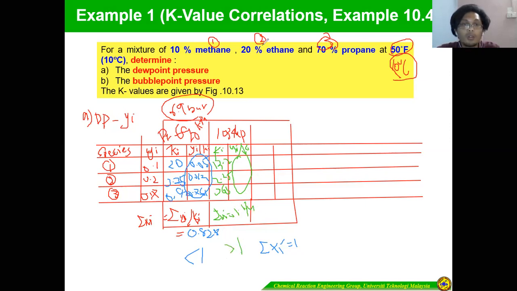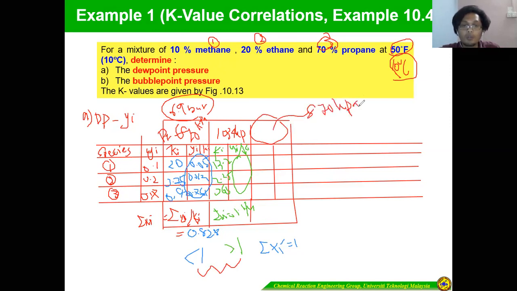So what you have to do is, if you get the value below than 1 and more than 1, you have to interpolate the value. When you do interpolation, you can get the pressure here, 870 kilopascal.